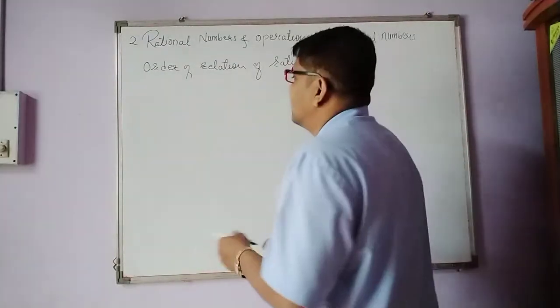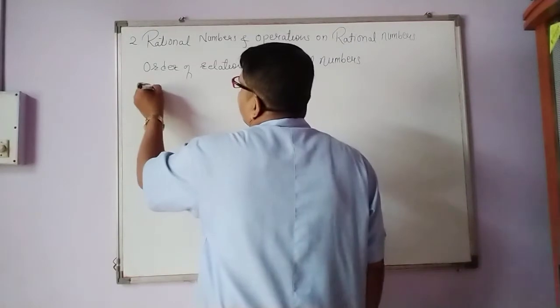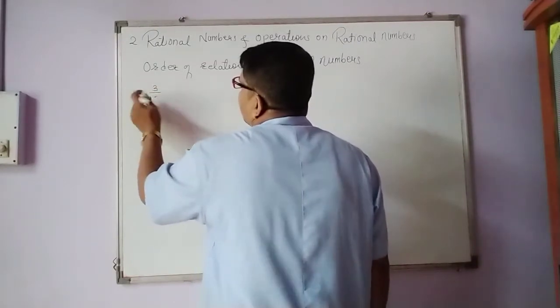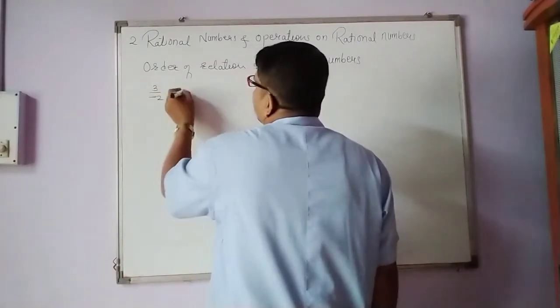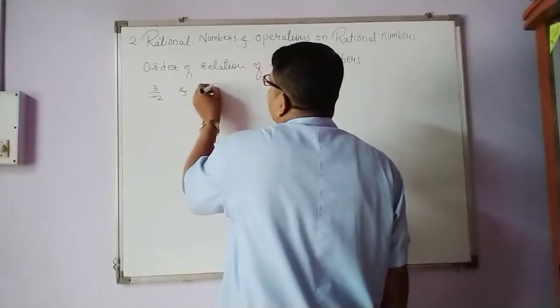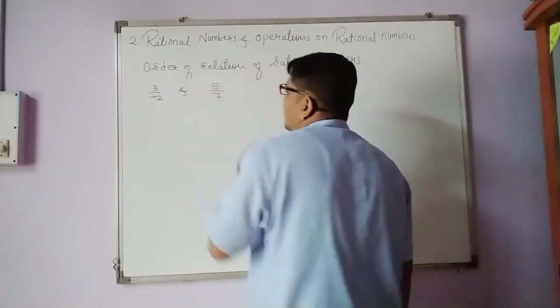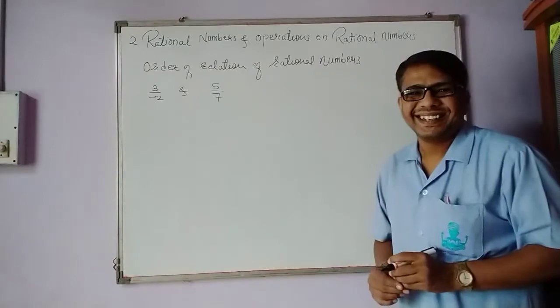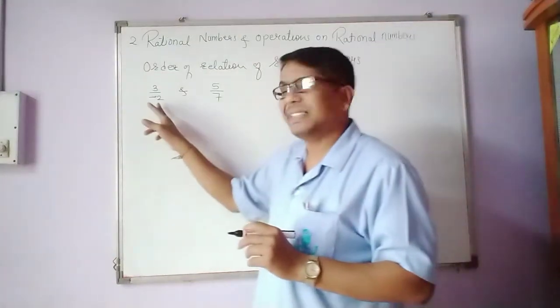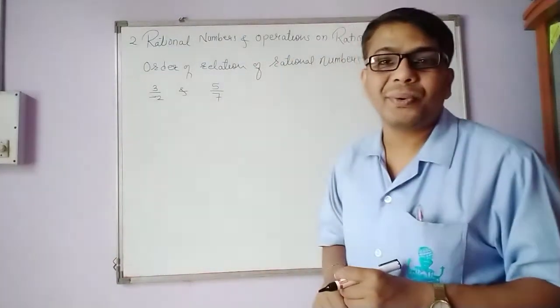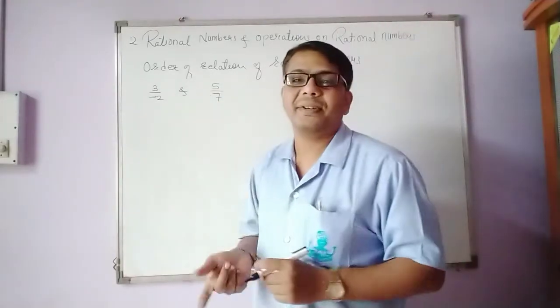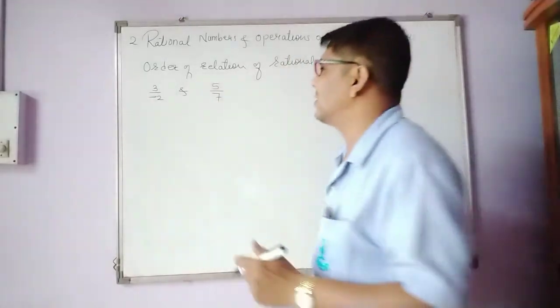Now, for example, I have got 3 upon minus 2 and 5 upon 7. See here, the denominator is negative. So please make it positive first.